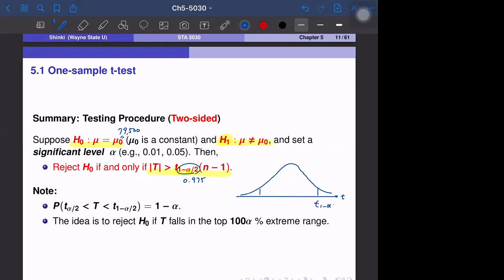So if T falls in this area or this area, we reject H naught. The center coverage is 1 minus alpha. So this is the procedure for the two-sided test.